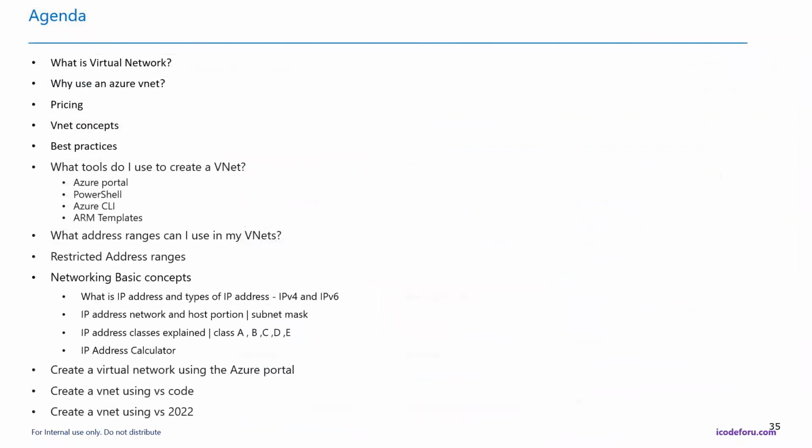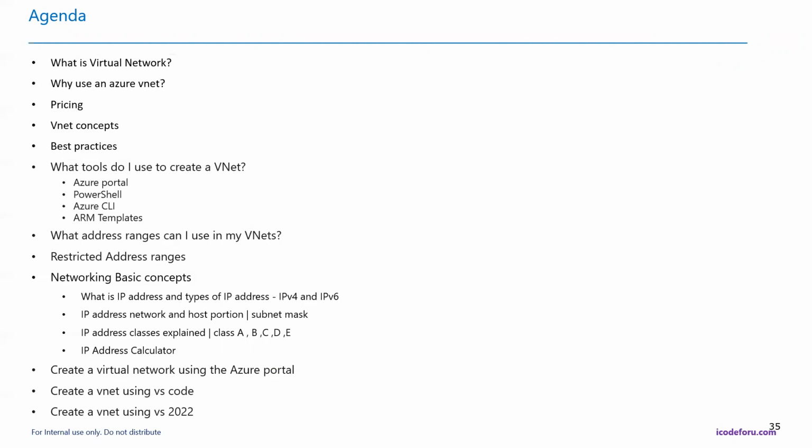So let's start with what the Azure Virtual Network is. When you talk about the Azure Virtual Network, I'm expecting some experience on the networking side. If you already have an on-premise network, it will become easier to understand the Azure Virtual Network.